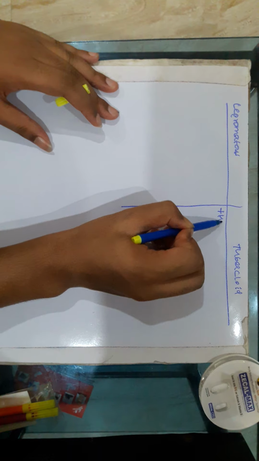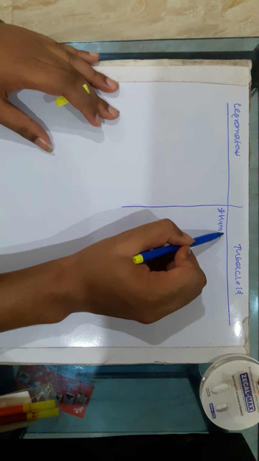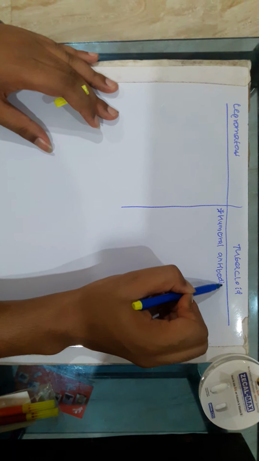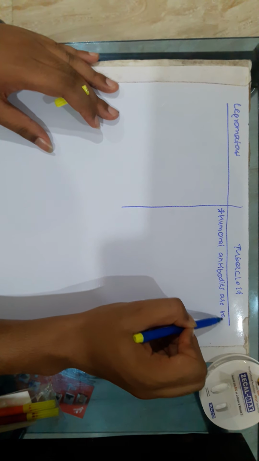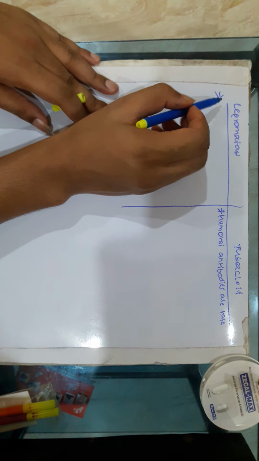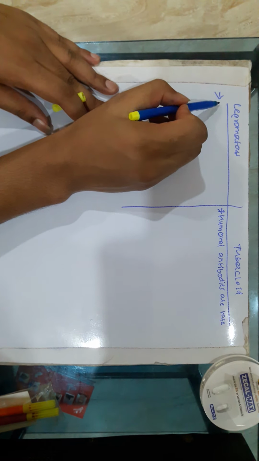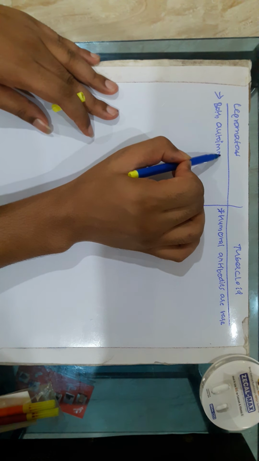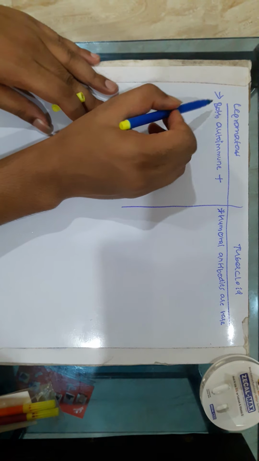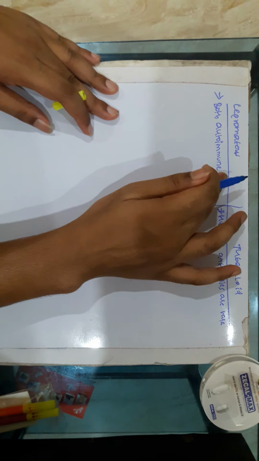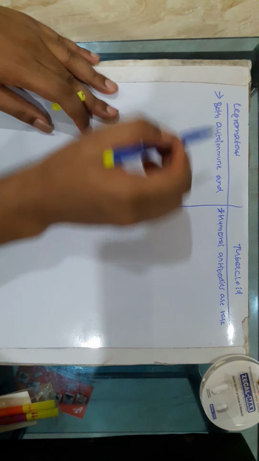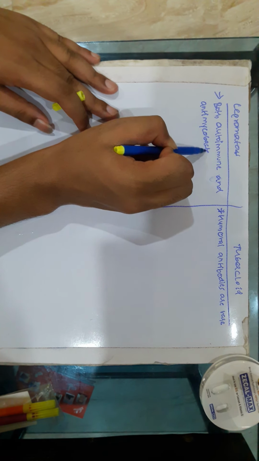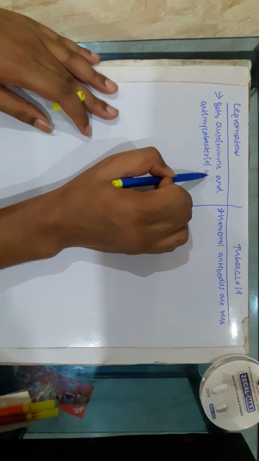So humoral antibodies are rare, while in this case both autoimmune and antimycobacterial antibodies are produced.